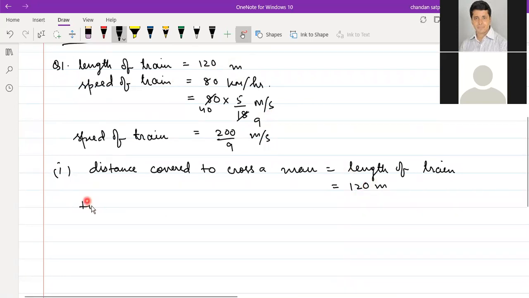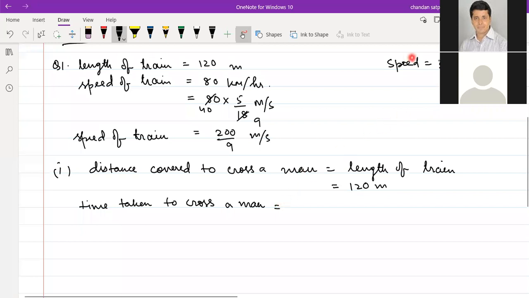Then we'll write time taken to cross a man will be equal to how much? We know that speed is equal to distance by time.